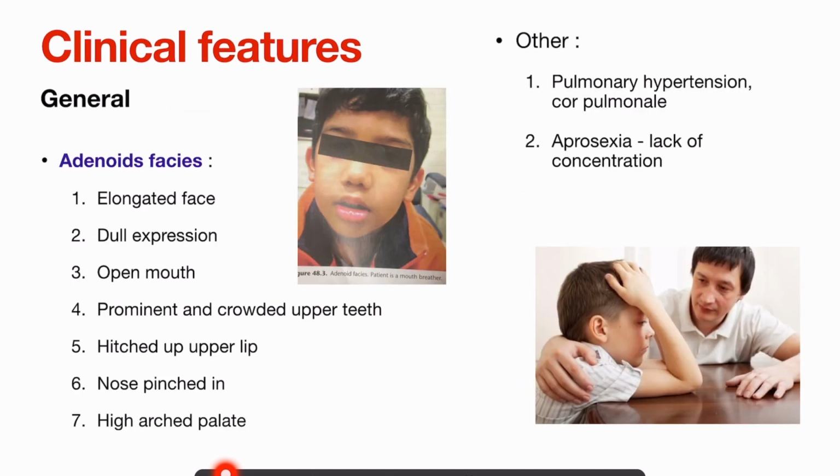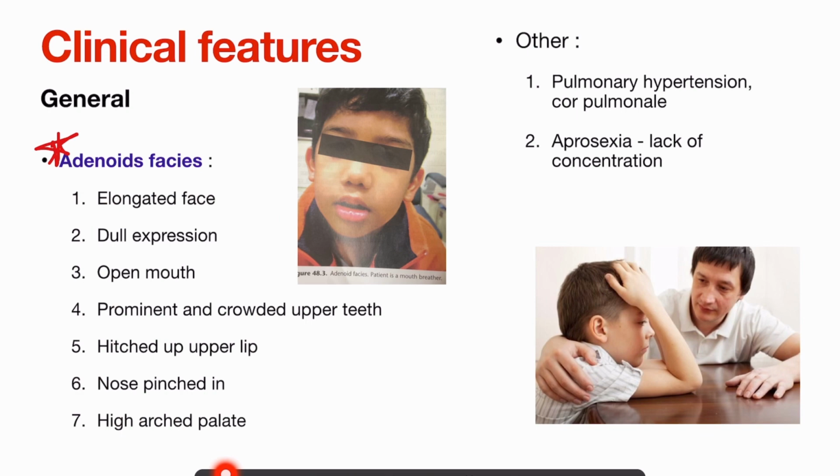In this, a very important viva question comes, or in the PBQ, the problem based questions. All these symptoms will be written in the PBQ. So what is adenoid facies? A very important viva question. There will be an elongated face, a dull expression, an open mouth, prominent and crowded upper teeth, a hitched up upper lip, a pinched-in nose, and a high arched palate.